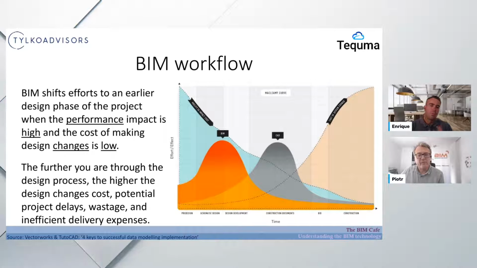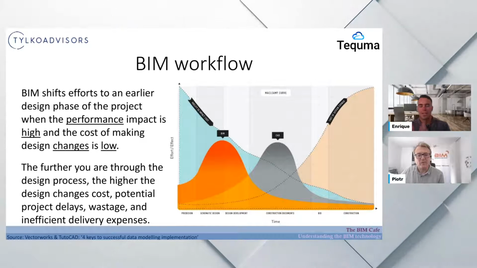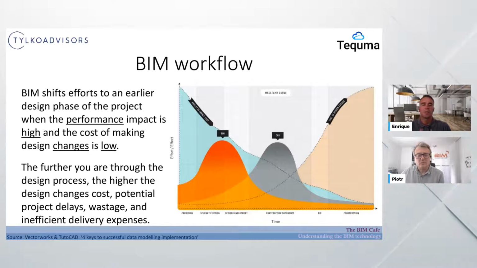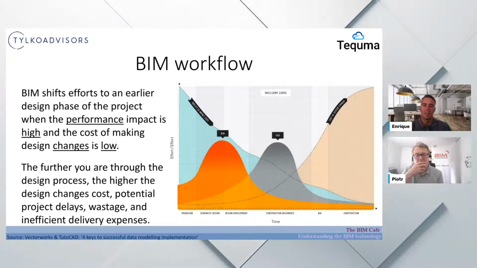So we are moving all the effort to the design phase. We are not delivering anything that is not ready to build. We consider all the potential collisions, mistakes, or errors that may happen on site, foreseeing them in our intelligent model.